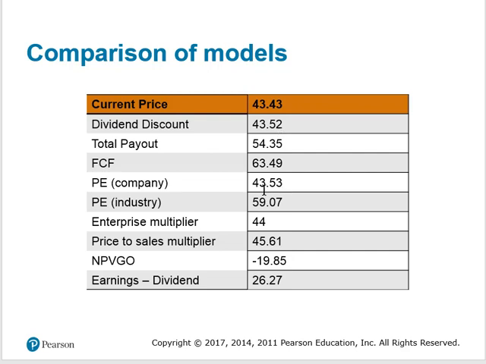Between 43.53 is what we predict, somewhere between there and $63. And all of those values are more than the current price. So we're predicting, at least at this point, that Coors is maybe slightly overpriced from what the market is currently telling us.